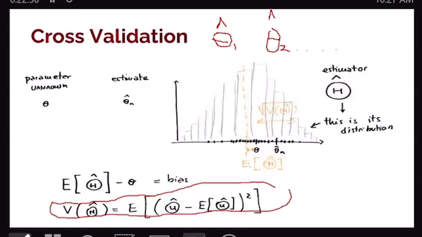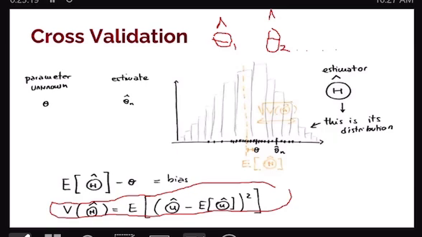Without conducting cross-validation, there is no way I will be able to know whether a model has high bias or high variance. We're able to know that through cross-validation. The idea here is, can we have a way to balance?